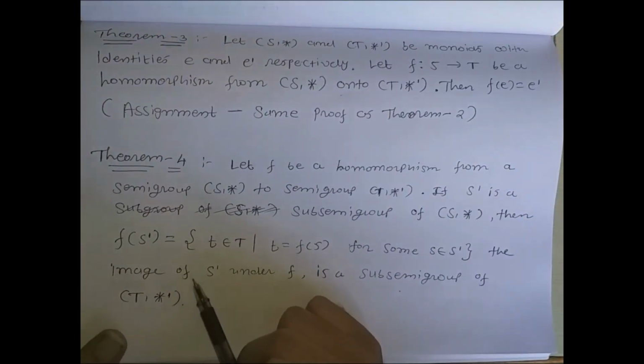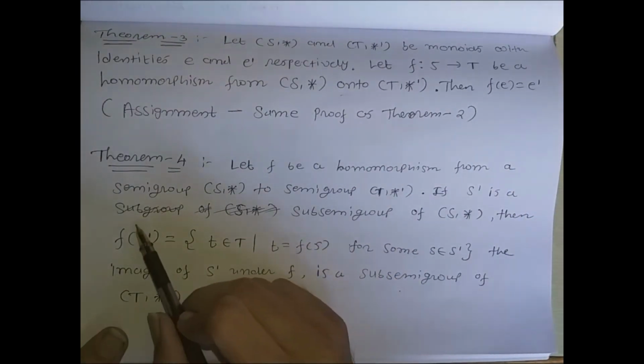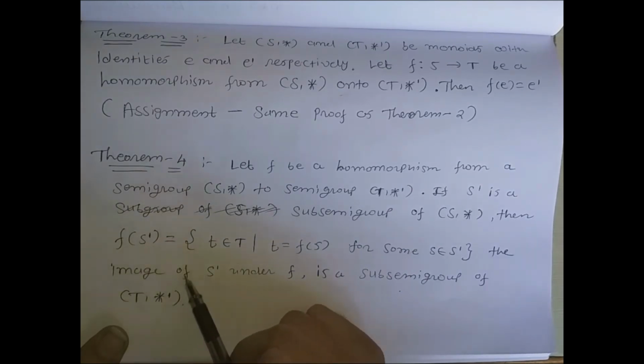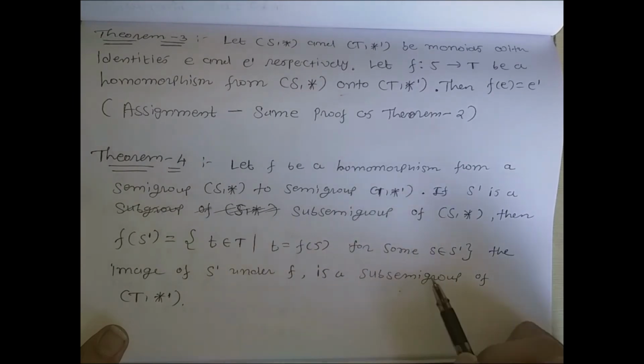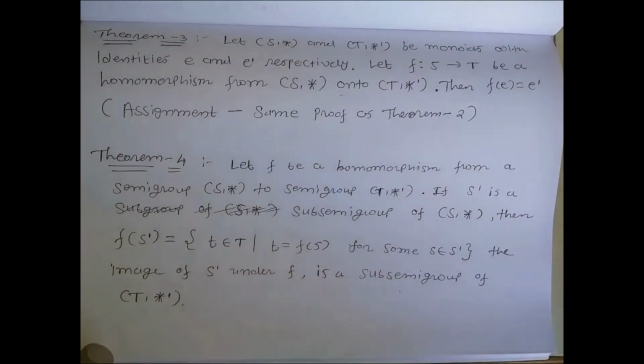Then the image of S dash. What is this f of S dash? This is the image of S dash under the function f. Is a subsemigroup of T star dash.